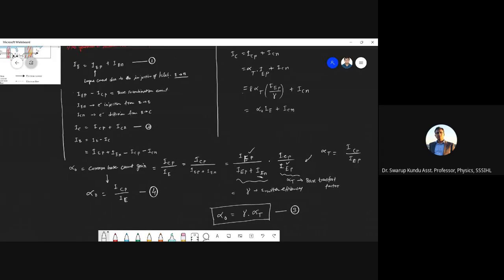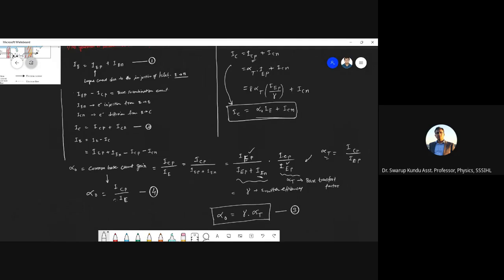So IC we can calculate from here. Or we can directly calculate, right? ICP we know from equation 4. I think directly is better.